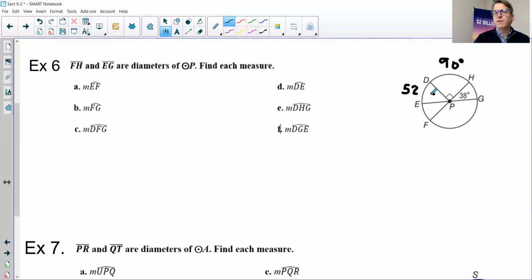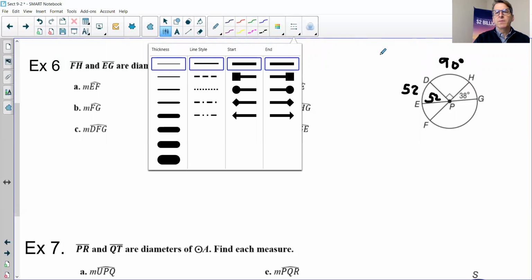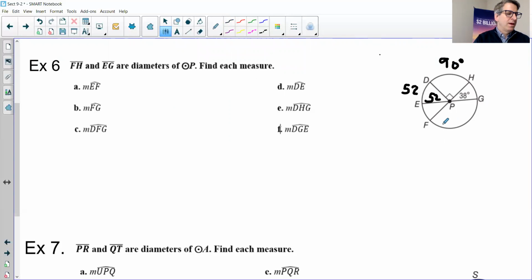So 52 is the arc. I'm going to fill in the 52 here, in this smaller circle. I'll switch my pen. Now this is 52, this is 90, and this is 38, and I'll put 38 on the outside here. So if this is 38, we know that EPF is also 38, and that arc is 38.